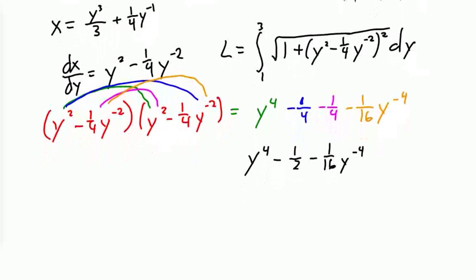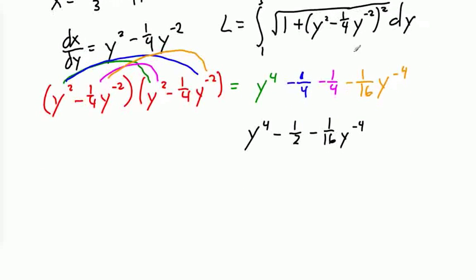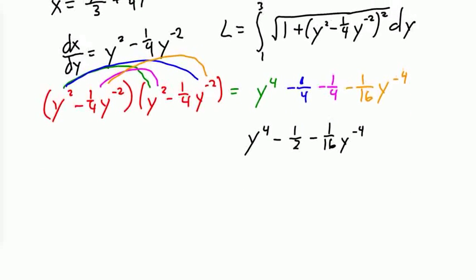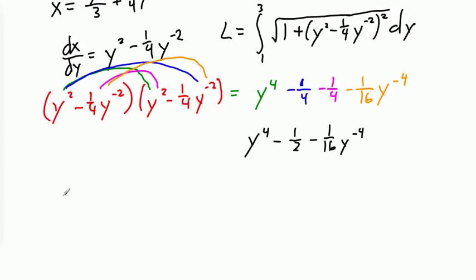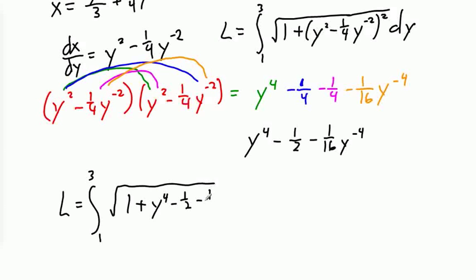So if I plug that in for this up here, L is going to be the integral from 1 to 3 of the square root of 1 plus y to the 4th minus 1/2 minus 1/16 y to the negative 4, dy.